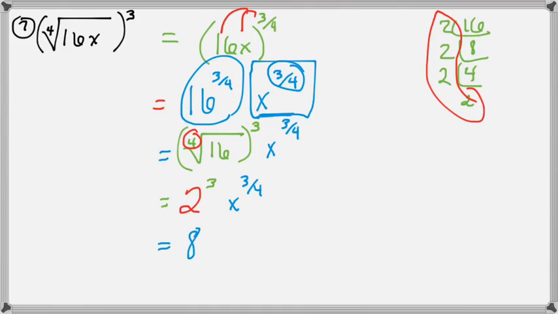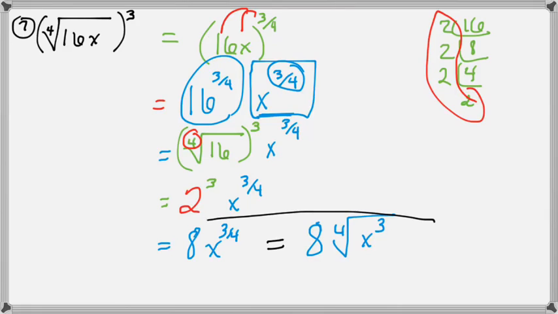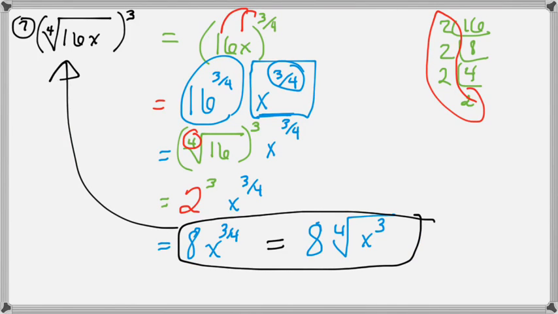This is 8 times x to the 3/4. Another way this could have been written is 8 times the fourth root of x cubed. So those are the same as what we have up here.